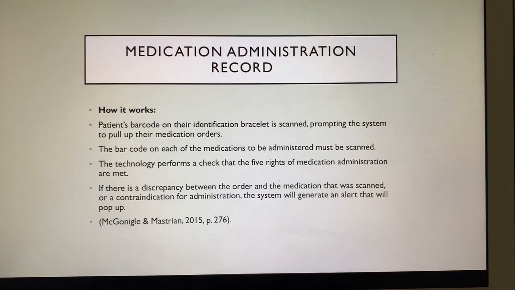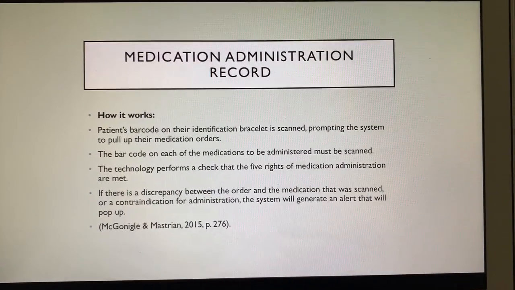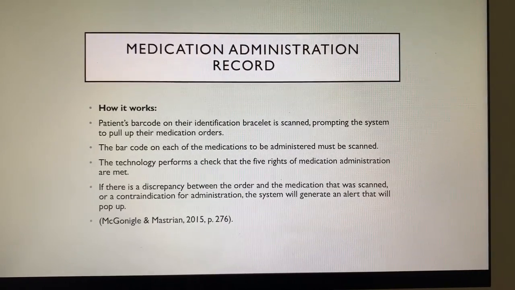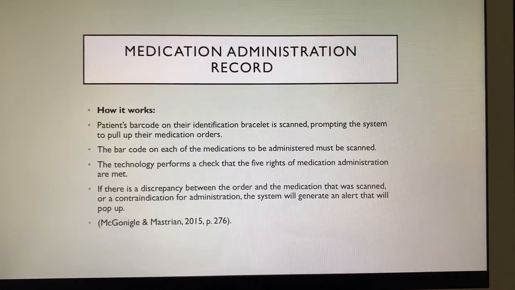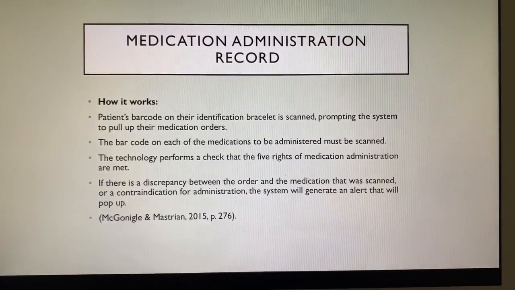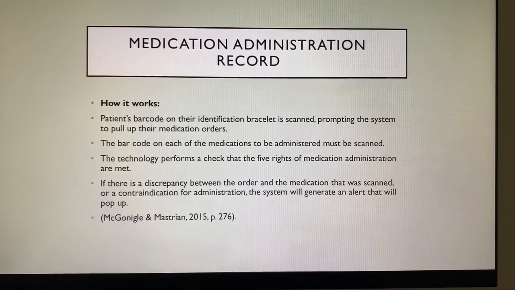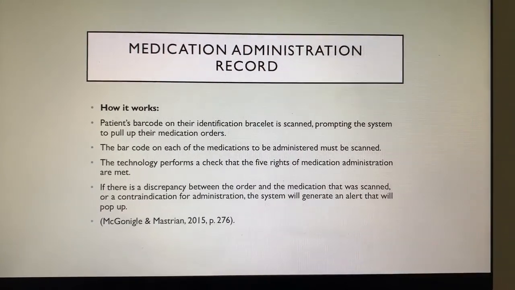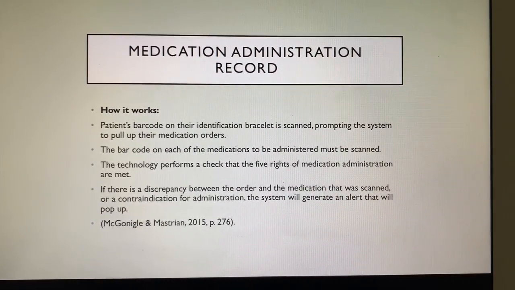So how the medication administration record works. The person who is administering the medications must log into the computer and the system so it's known who gave the medication. And then the patient's barcode on their identification bracelet is scanned, which prompts the system to then pull up their medication orders.